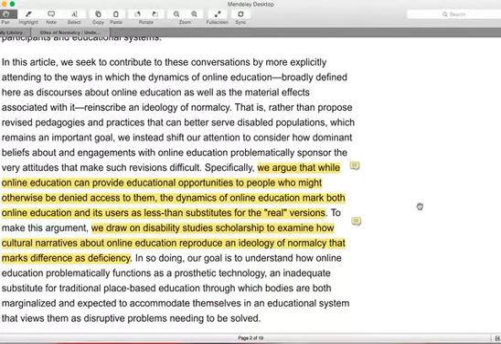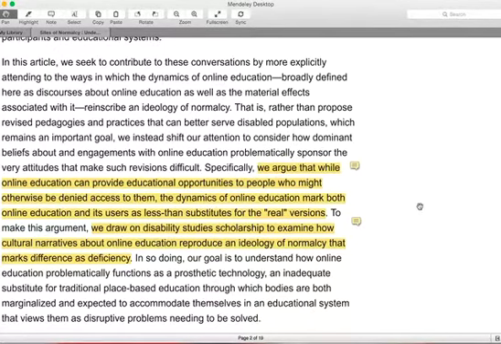So regarding genre awareness, you can also read to study the moves the writers make in this piece. If, for example, I'm interested in writing an article in this field of disability studies, or even for this journal, Disability Studies Quarterly, I can track the moves the writers make so I can make similar moves in my own writing.